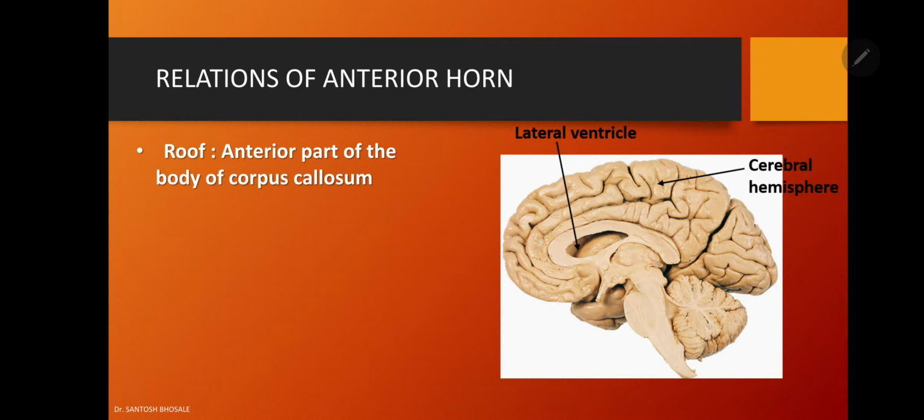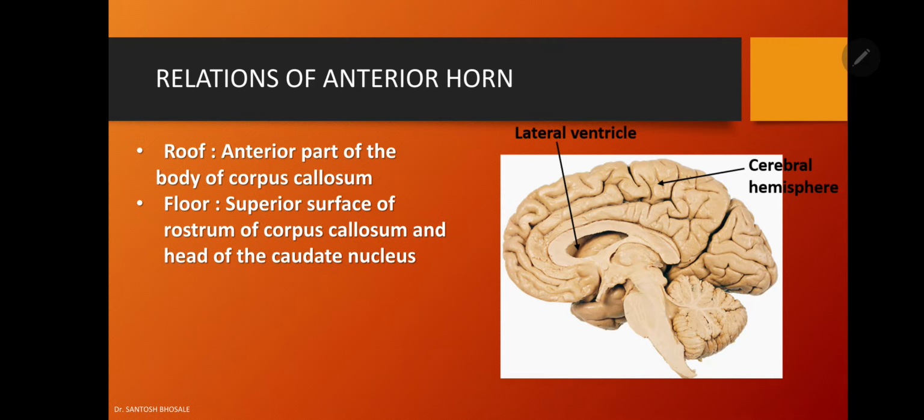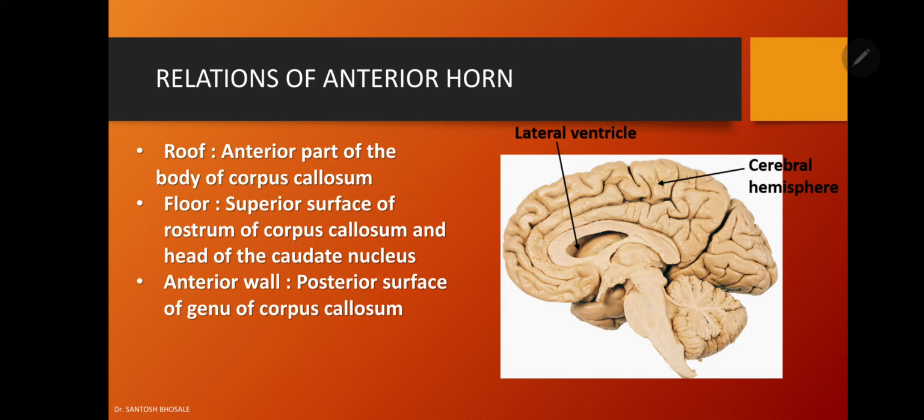The roof is formed by the anterior part of the body of the corpus callosum, whereas the floor is formed by the rostrum, or the superior surface of the rostrum, of the corpus callosum. The roof is formed by the body, the floor by the rostrum, whereas the anterior wall is formed by the curved part of the genu.